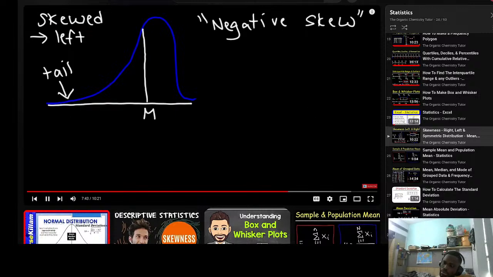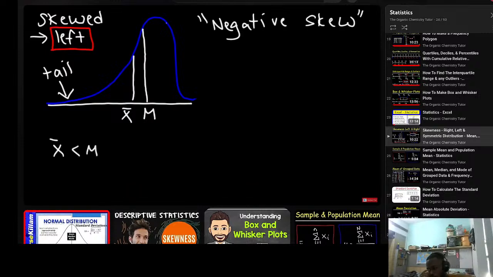The mean is to the left of the median, so the mean is less than the median. And as we know, the mode is going to be basically where the data is at its highest point. So the mode is the value with the highest frequency. Notice that the mode is to the right of the median this time. So the mode is greater than the median.